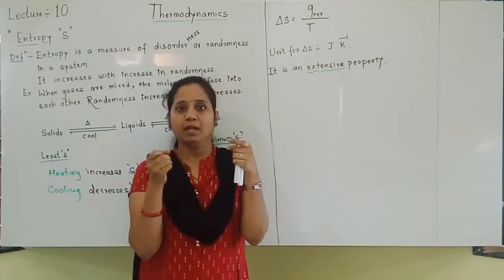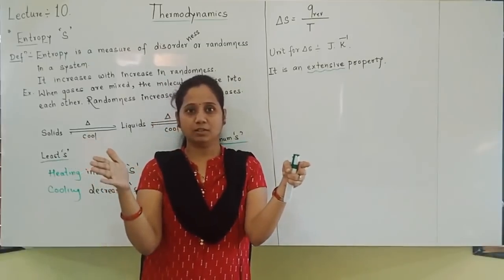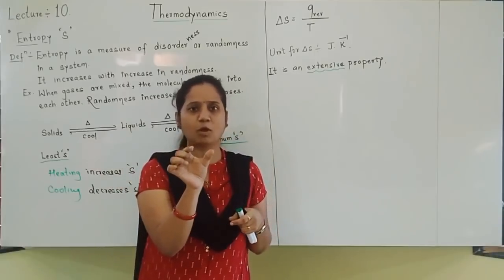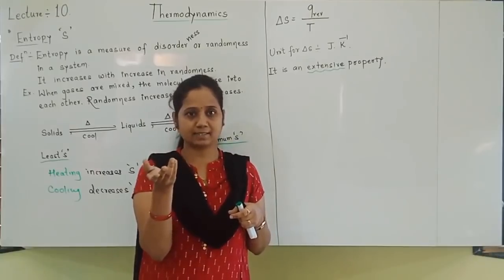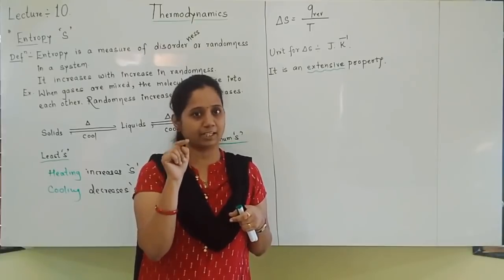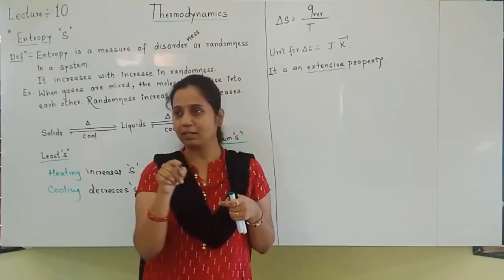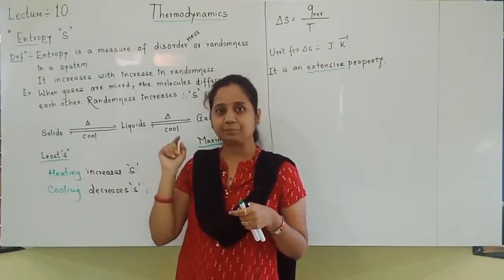For example, randomness depends upon how much substance is present. For example, imagine that I have one small ice cube which is melting. You can say that yes, entropy is increasing because solid is getting converted into liquid. Ice is melting, solid is becoming liquid, so entropy is increasing. Correct.